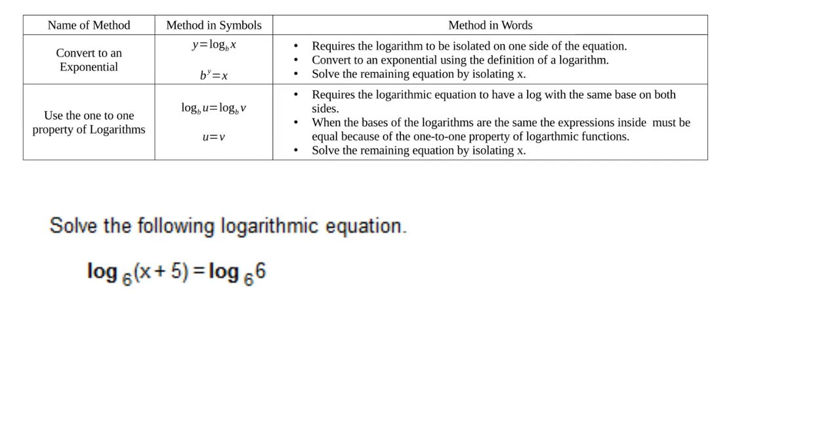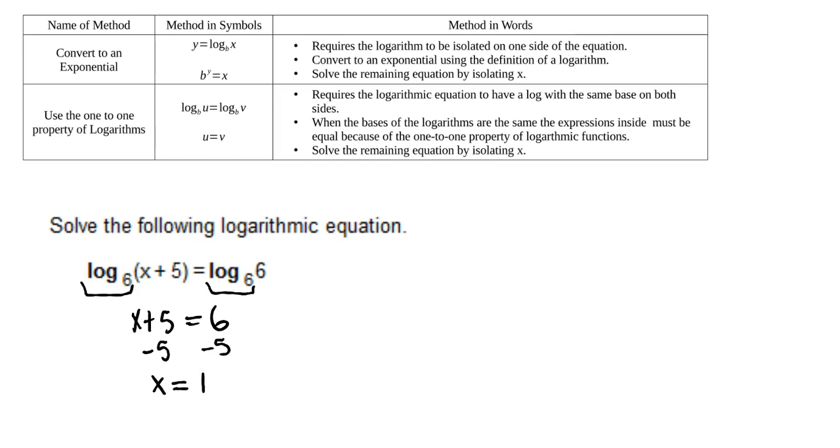So because I have log base 6 on the left and log base 6 on the right, the one-to-one property says what's inside those logs have to be equal to each other. So this creates a linear equation that I can solve by getting x by itself. I'll subtract 5 on both sides, and that gives me x equals 1.